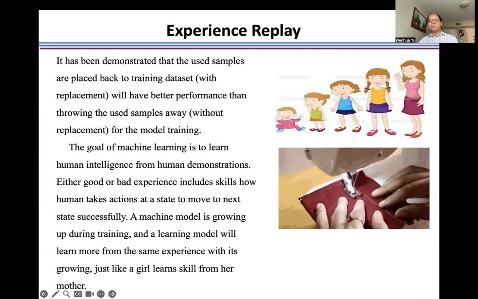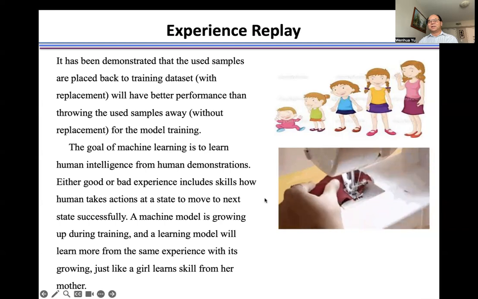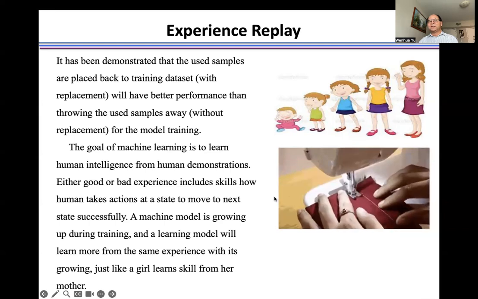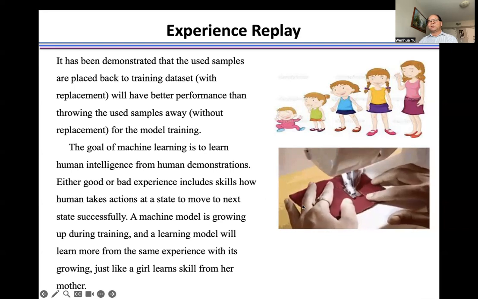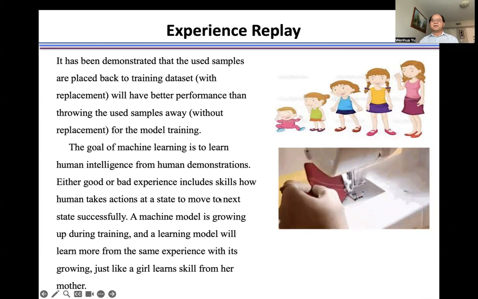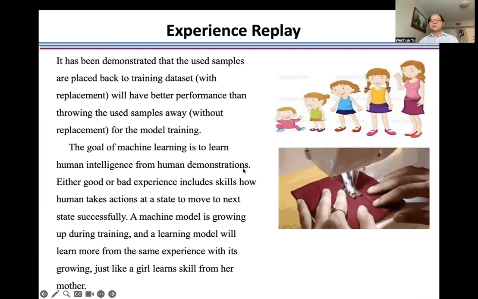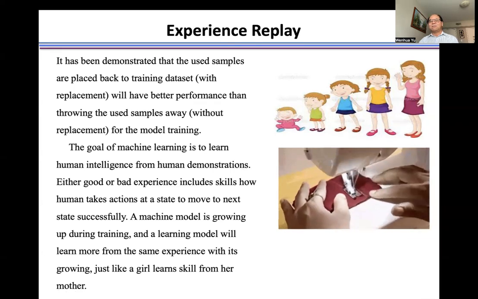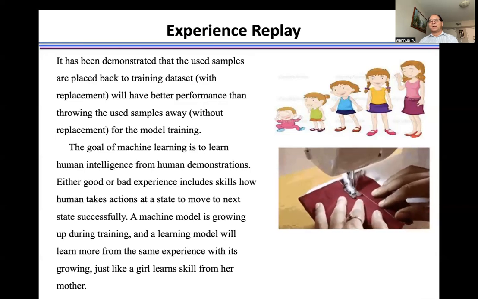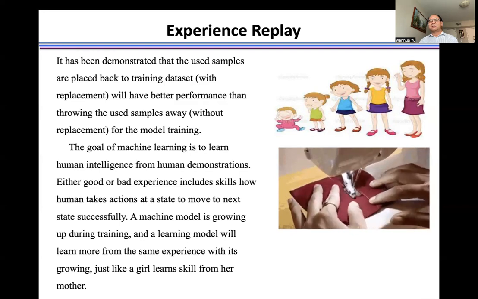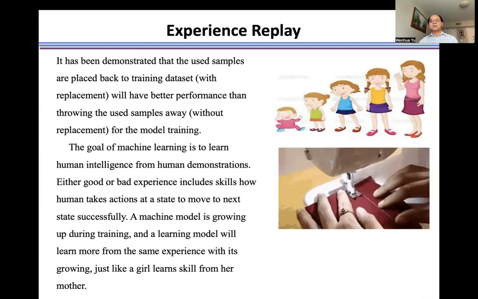So if a model sees experience it saw before, it's easier for the model to learn more skills from the experience. Because at the very beginning the model cannot learn many skills from the experience, that's why we try to use the experience many times. We can train the model and get better performance.